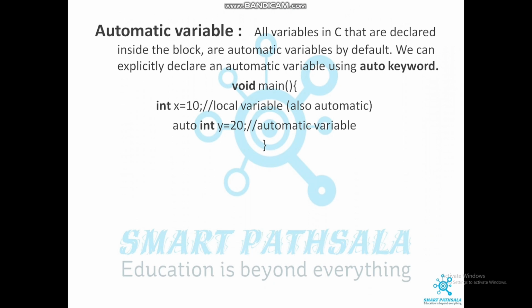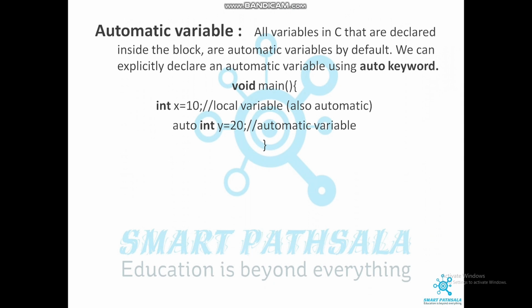Here inside the function we can see int x equal to 10, which is a local variable and also an automatic variable. Again we can assign another automatic variable, that is auto int y equal to 20.